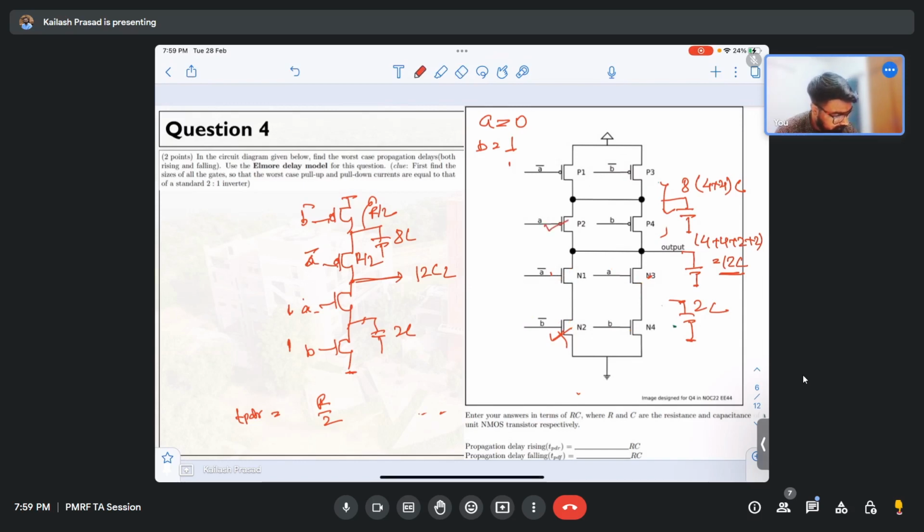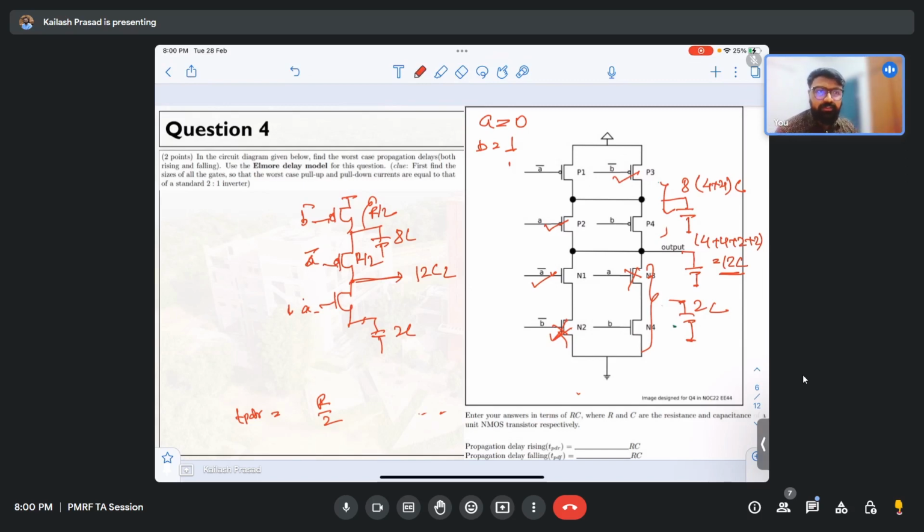If B is 1, this part is on. If A is 0, this is on, this is off. So this path you can directly discard. From here this is off, so the B part is off. So in my diagram, this will be removed. It will be like this.